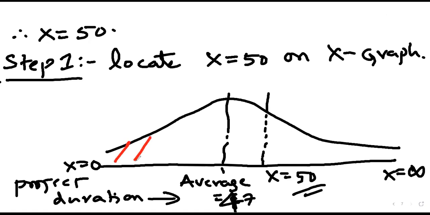And another thing, the required area. Should it be the right hand side of 50 or the left hand side of 50? Left hand side, below 50. This complete area is required.